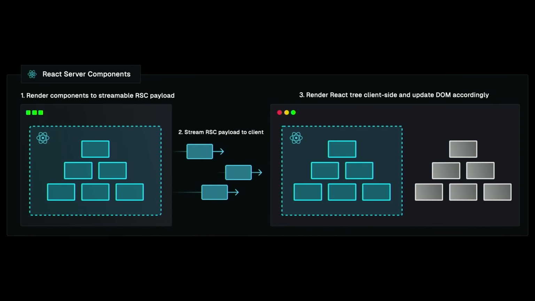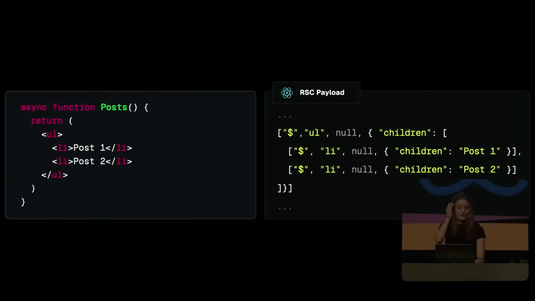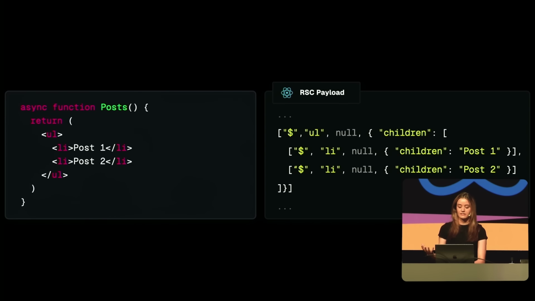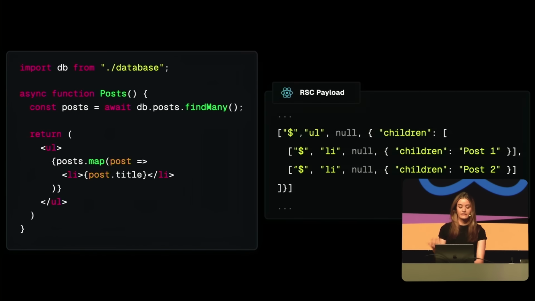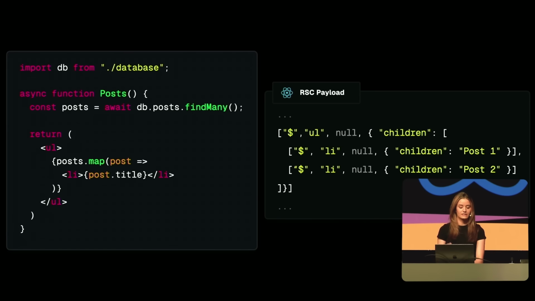And the client-side renderer understands this format and can just rebuild that tree client-side without the need for HTML or JavaScript. So React Server Components are never sent to the client, only their return value is, in this JSON-like format. This means that we get to use server-side functionality directly within our components, like accessing databases, the file system, and so on.